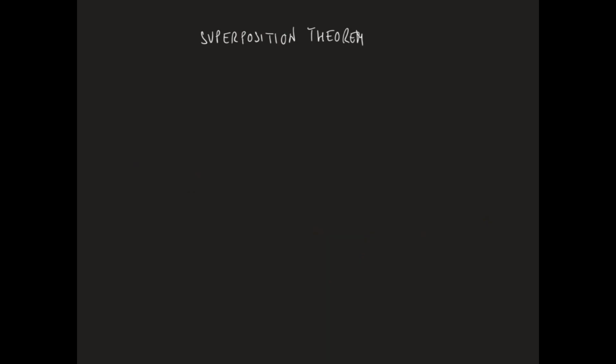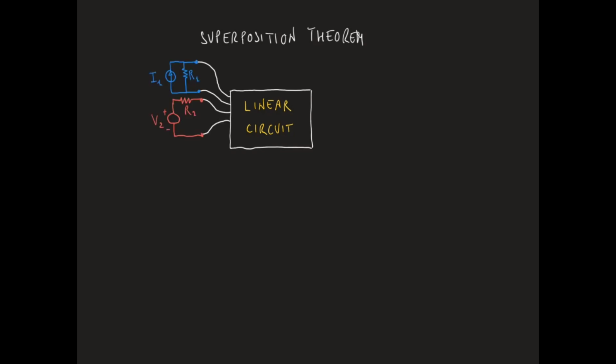Let us start with a more conceptual example and consider a black box incorporating a linear circuit. Let us assume that this linear circuit has three independent sources, a real current source, a real voltage source, and an ideal voltage source.